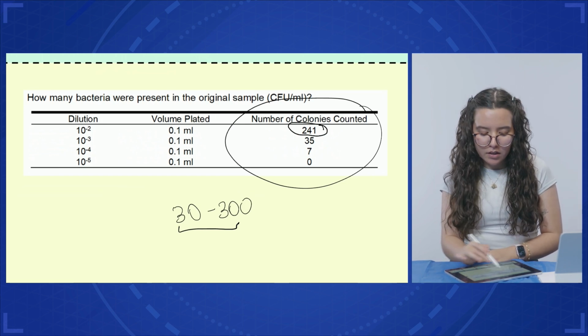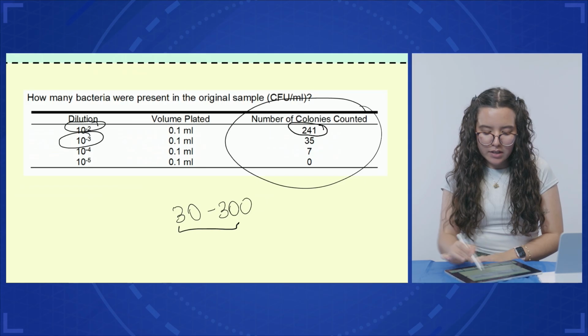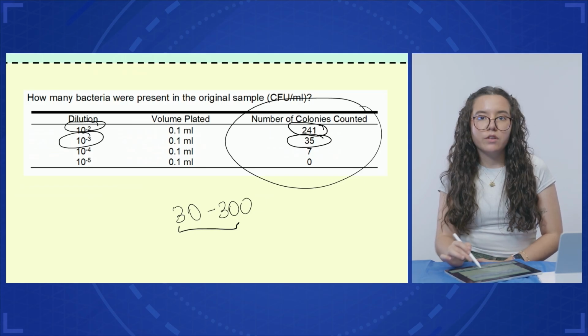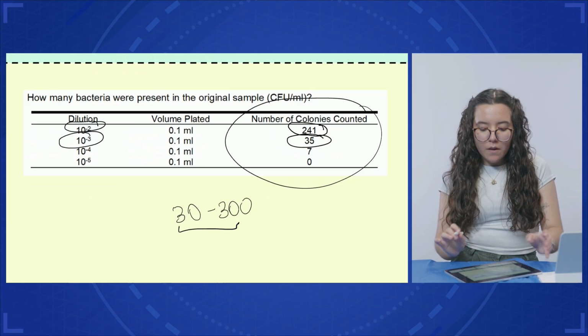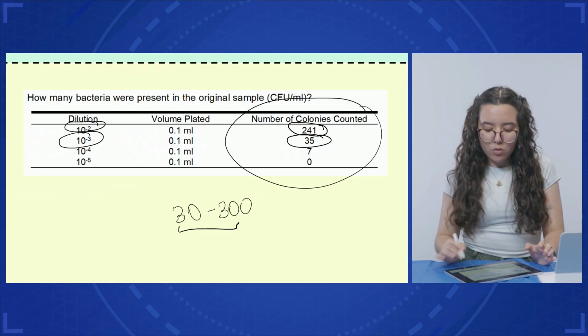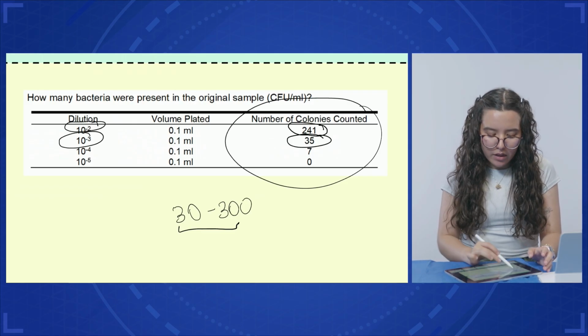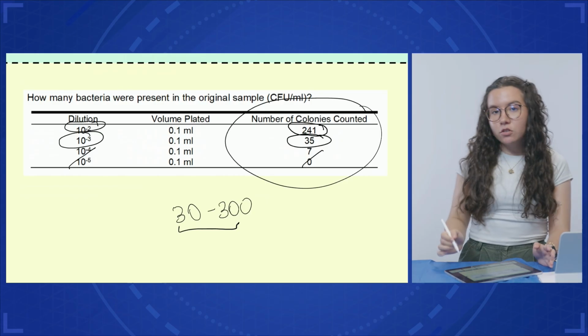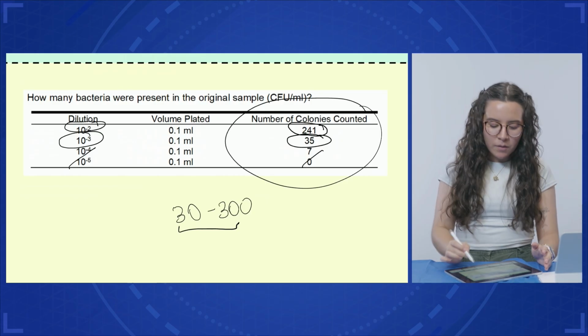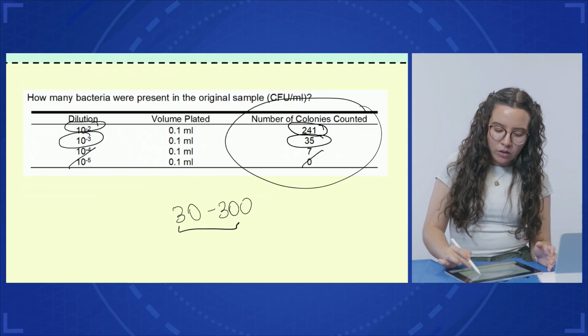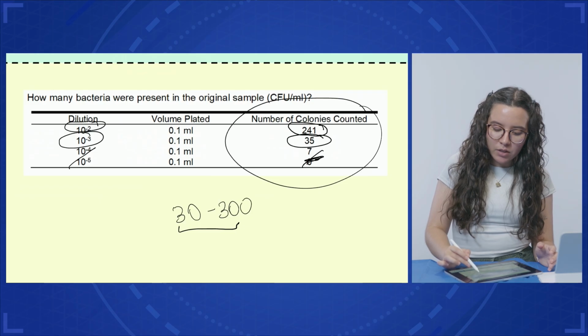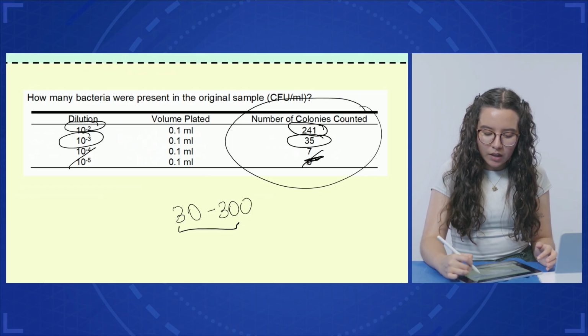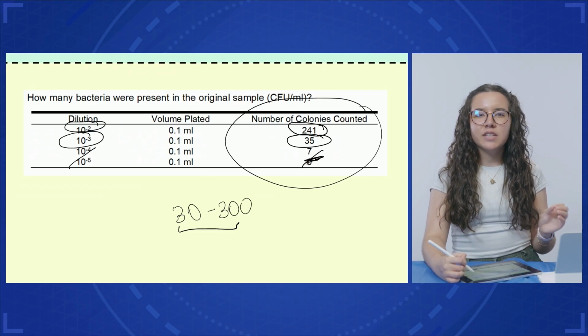There is the 10 to the negative 2 and 10 to the negative 3, 241 and 35 respectively. So these are the ones that we're going to look at. These, not so much. Now, something to always keep in mind, however, is when your dilutions get very low, sometimes you'll encounter dilutions that don't really make sense.